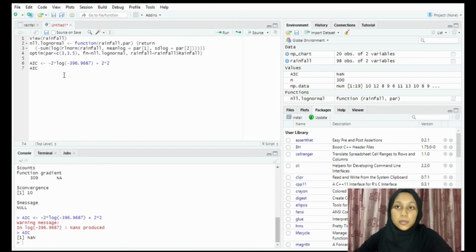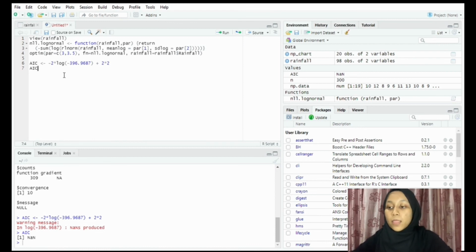So in conclusion, we can find the best distribution by comparing the AIC values from the three distributions that we have calculated. But since our AIC value for the log normal distribution is an error, we can only consider the AIC values from the normal and exponential distributions.